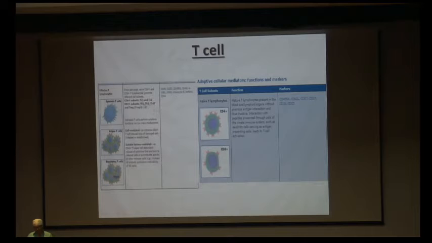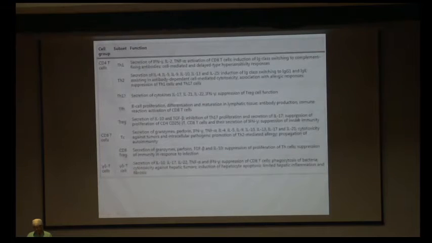Most important is the T regulatory cell. Th2 and T regulatory cells are immunoinhibitory, but Th1 and Th17 enhance the immune response. The naive T cells are CD4 plus and CD8 plus cells with various markers, and these markers can differentiate between effector T cells and naive T cells. Just to enumerate, these are the types of CD4 T cells, CD8 T cells, and gamma delta T cells.